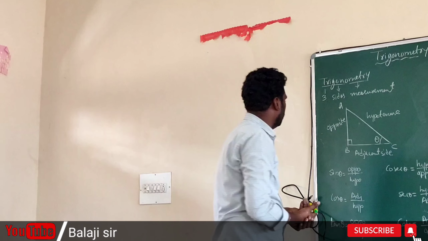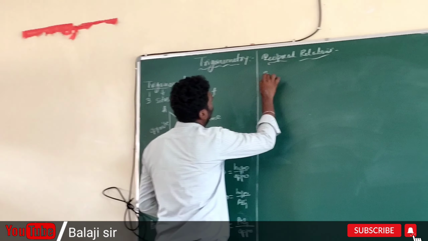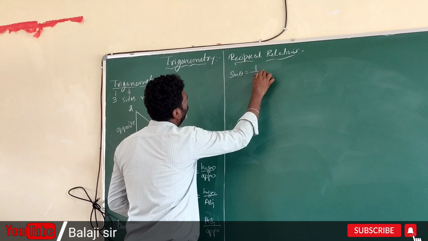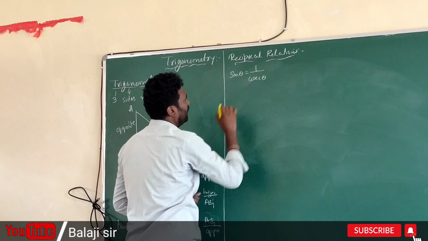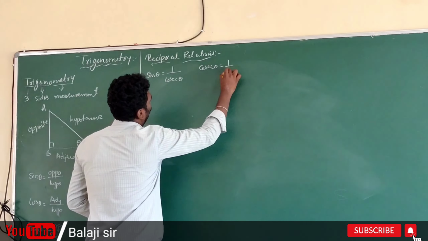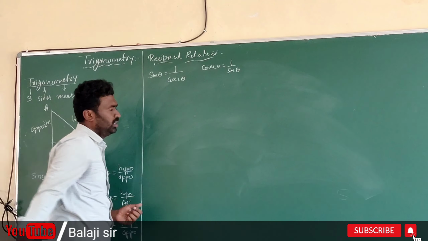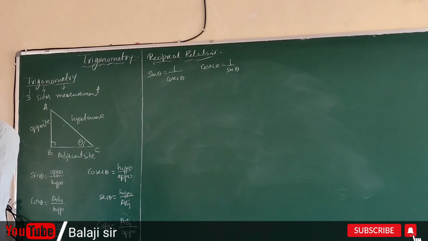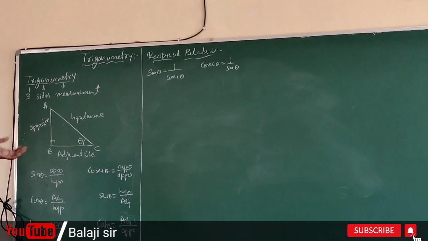Sin theta is equal to 1 by cosec theta, whereas cosec theta is 1 by sin theta. If you need to prove this, how can I prove that sin is 1 by cosec? We have to bring LHS equal to RHS to show that they are equal.